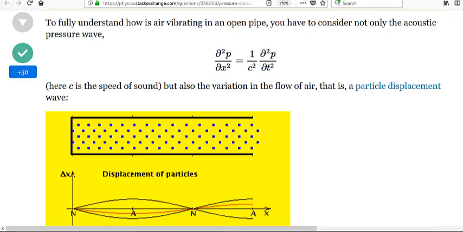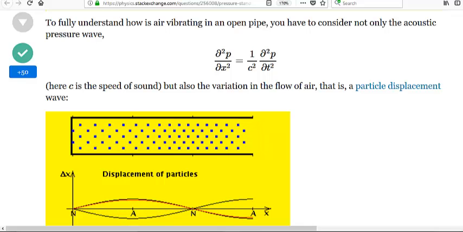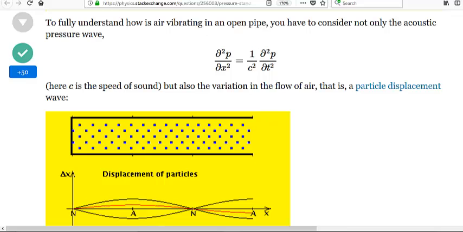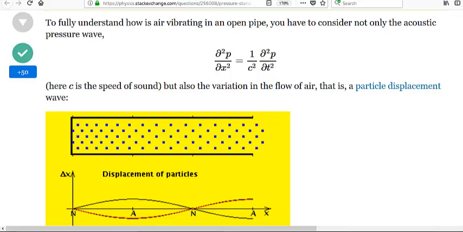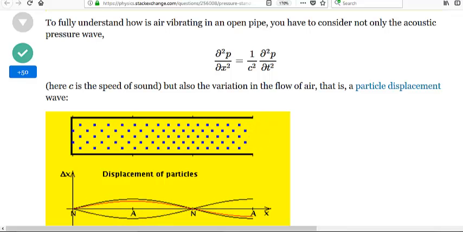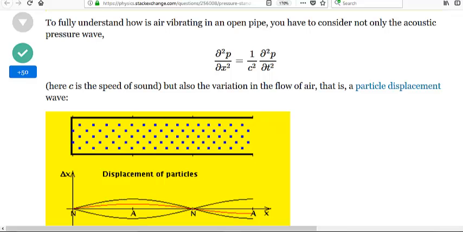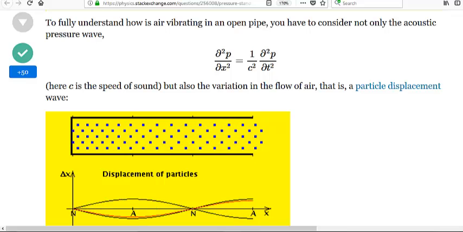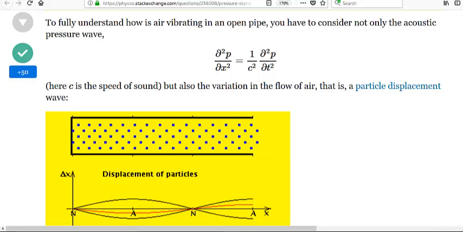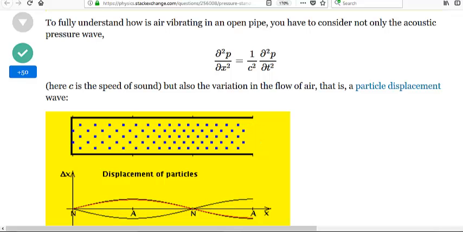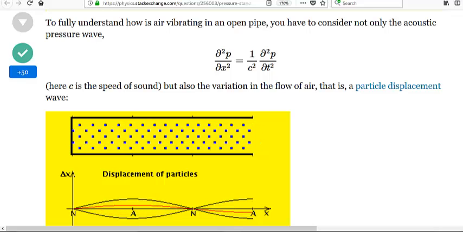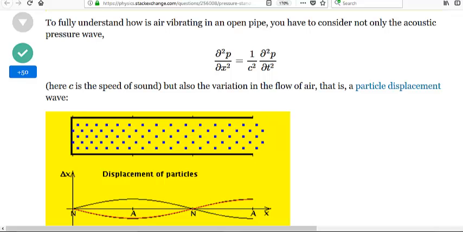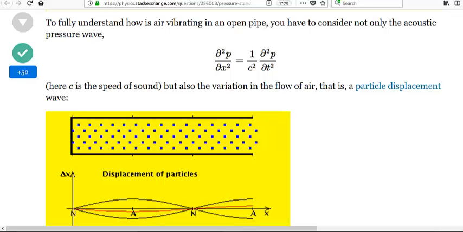So this is going to be a displacement node, but a pressure antinode. This is actually the displacement. So you get the maximum displacement right here. You can see how they're moving a lot, but the distance between the molecules is not changing that much. Then we have a node here, and a node there.